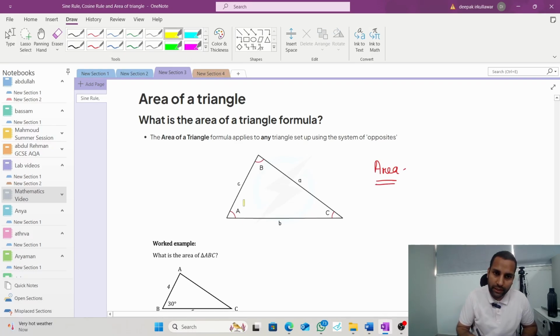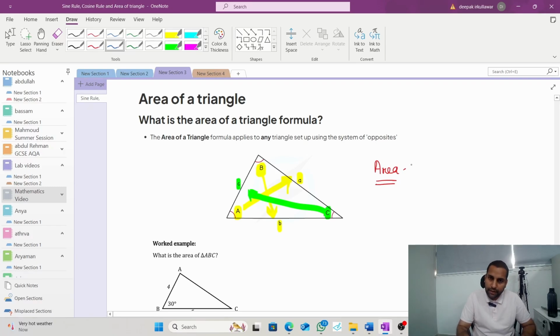Look here, nomenclature. You will take one angle as A, the side opposite to that angle is small a. You will take another angle as B, the side opposite to that angle is small b. And you will take another angle as C, and the side opposite to it is small c. Remember, nomenclature is very important, how you name it.